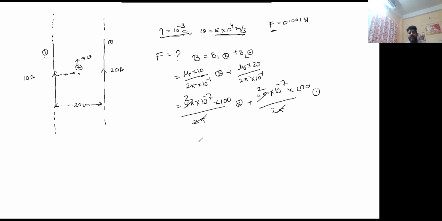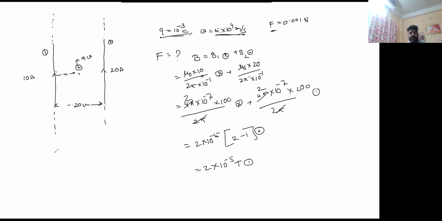So it is very clear that this one is higher. So কত হয়ে গেল? If we take 200, মানে 2 into 10 to the power minus 5 common, तो यहाँ पे हो जाएगा 2, यहाँ पे हो जाएगा 1, overall dot the value is 2 into 10 to the power minus 5 Tesla dot. Yes or no? Yes, sir.